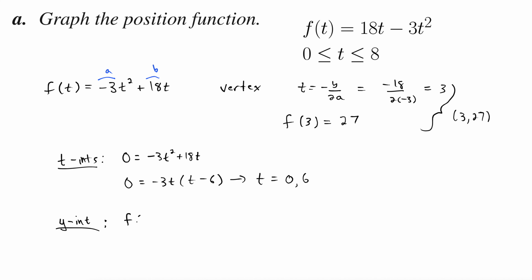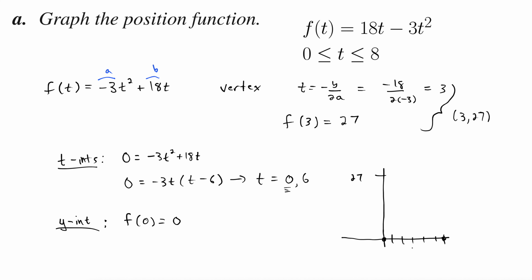F of 0 is 0, which we already knew because we have our 0 up here. So let's put all this together on a graph. Okay, we have 1, 2, 3, 4, 5, 6. All right, so we have our intercepts here at 0 and 6, and then way up here at 27.